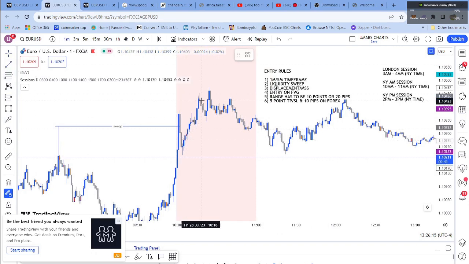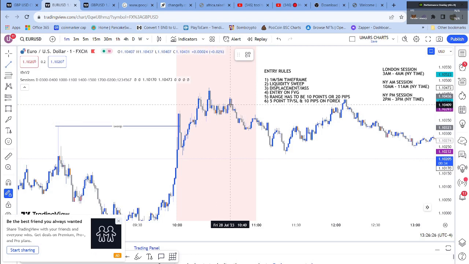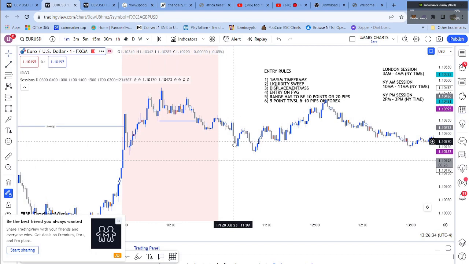As we can see, price went up, created a higher high, a higher low, a higher high, then came back down, retested the demand zone and failed to create a lower low. Price pulled back, and then broke the structure, creating a market structure shift or a displacement, as we know.